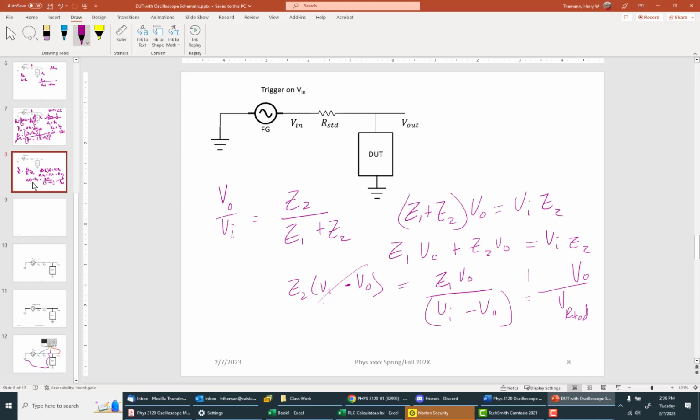And Z1 happens to be our standard. So we end up with V out over I, which of course then is the resistance or the impedance of Z2. But we don't have to do this anymore. We just need this equation here.